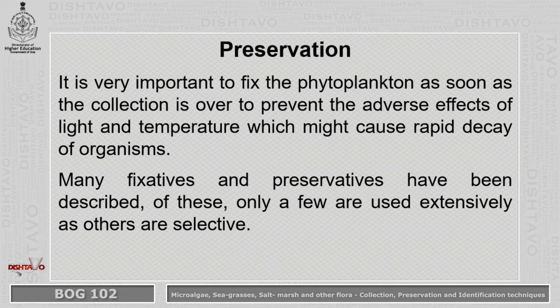Preservation techniques for microalgae. It is very important to fix the phytoplankton as soon as the collection is over, to prevent the adverse effects of light and temperature, which might cause rapid decay of microorganisms once they are taken out of the water column. So many fixatives or preservatives are used to fix the sample once it is collected.